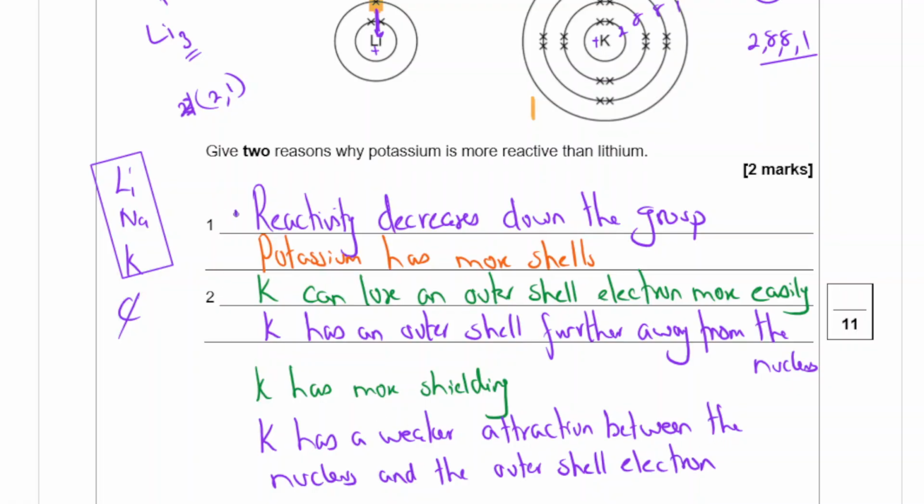Any of these, that's 1, 2, 3, 4, 5, 6, 7 different points. Any 2 of them will get you the 2 marks.